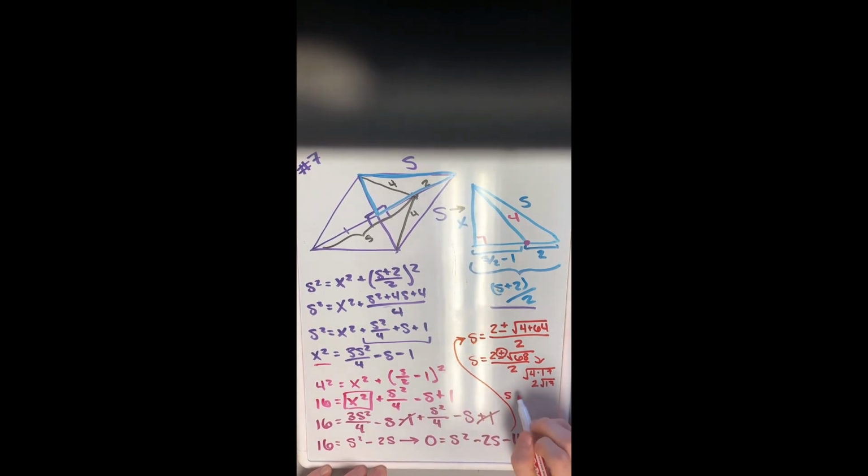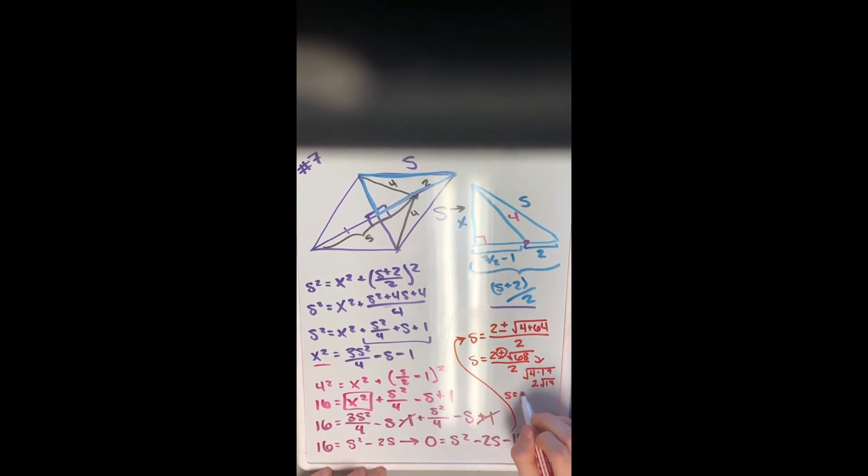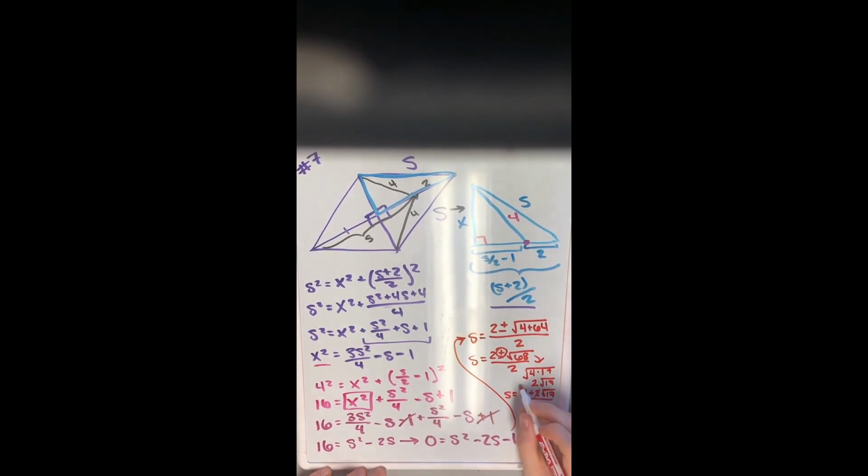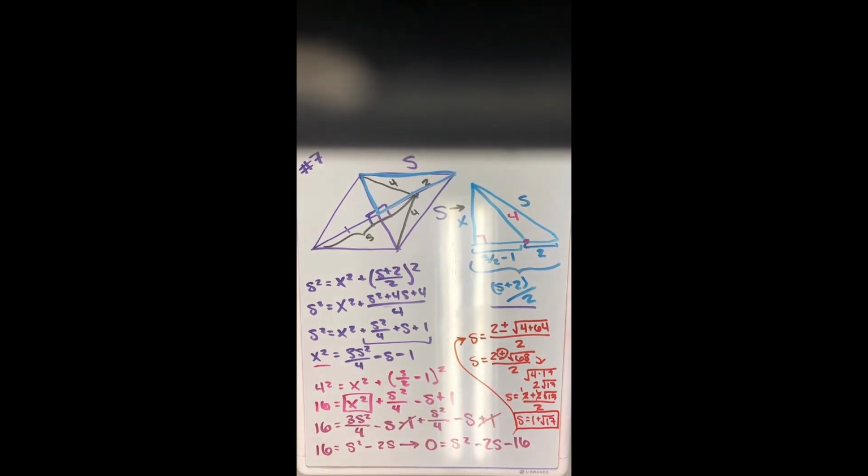So therefore we get s is equal to 2 plus 2 radical 17 over 2, and we can cancel out 2's, so we get s is equal to 1 plus radical 17. And this is your answer. So all we did was set up a system of equations based on Pythagorean theorem from the distances that were given. And we get that s is equal to 1 plus radical 17.